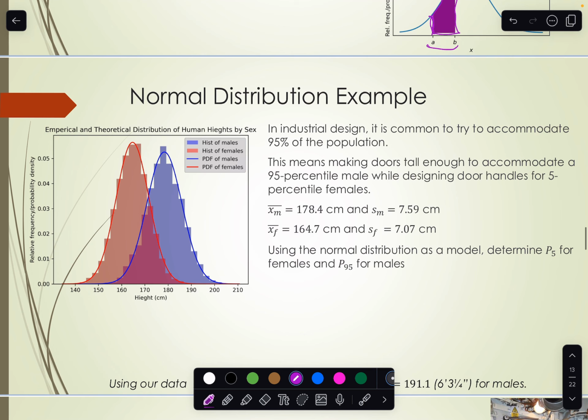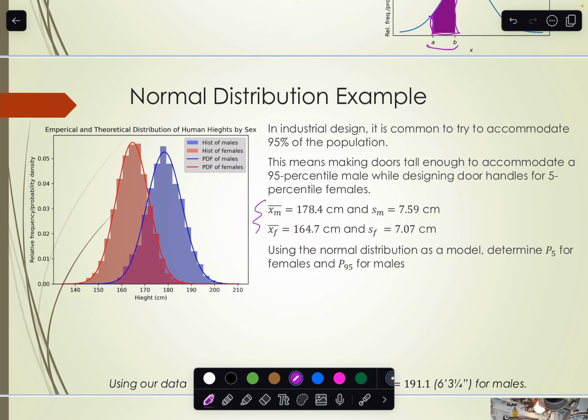Okay, let's take an example. All right, so normal distribution example. In industrial design, it is common to try to accommodate 95% of the population. This means making doors tall enough to accommodate a 95 percentile man, while designing door handles, say, for a 5 percentile female.